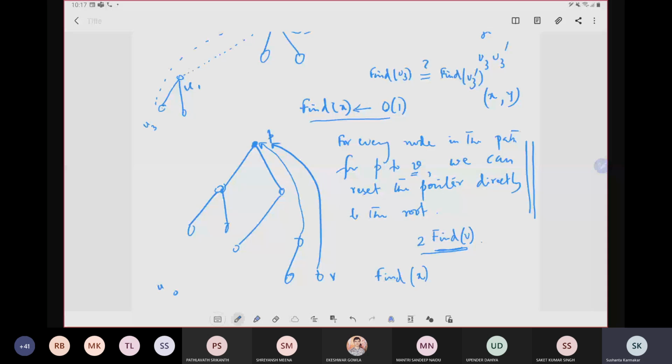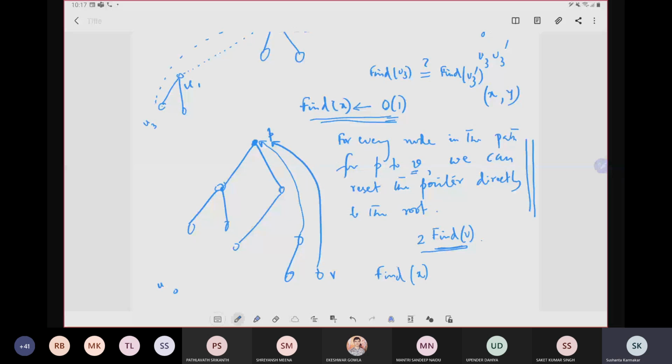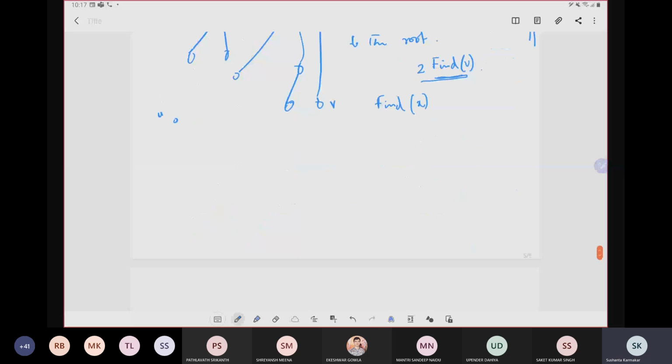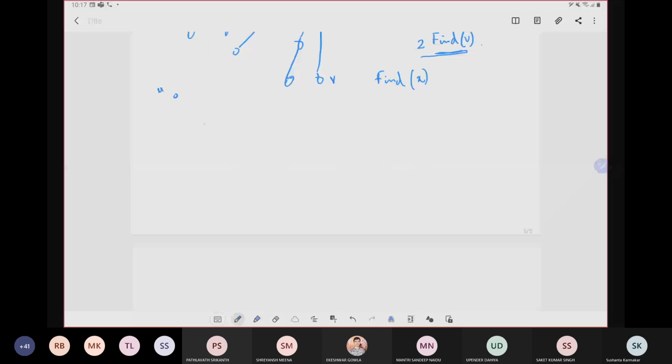Because if I did not set this like this, then the operation would take log n amount of time. But now, since I am making them direct to the root, in one hop I can tell the name of the component, therefore it is a constant amount of time. So this is a special kind of arrangement, which is often called the path compression technique.